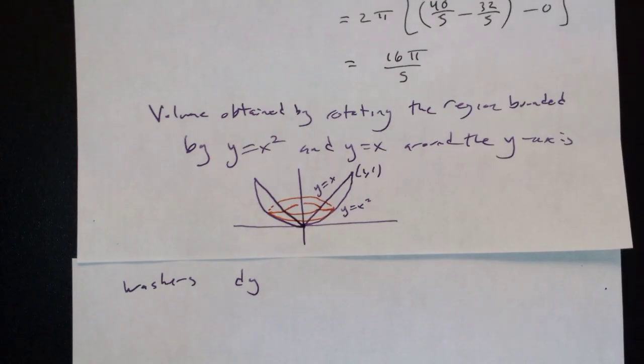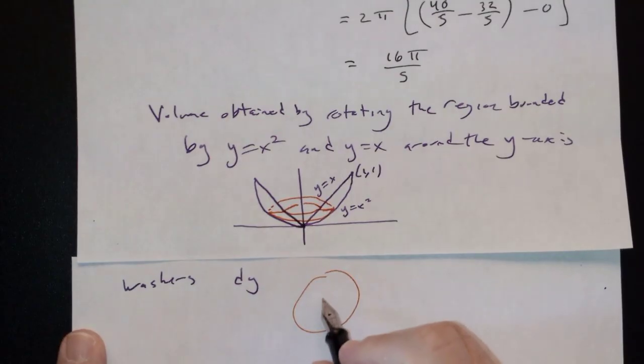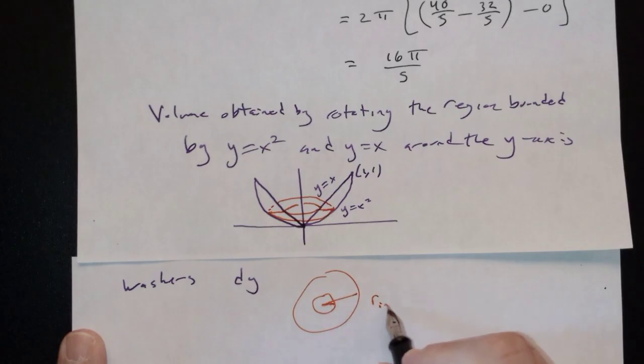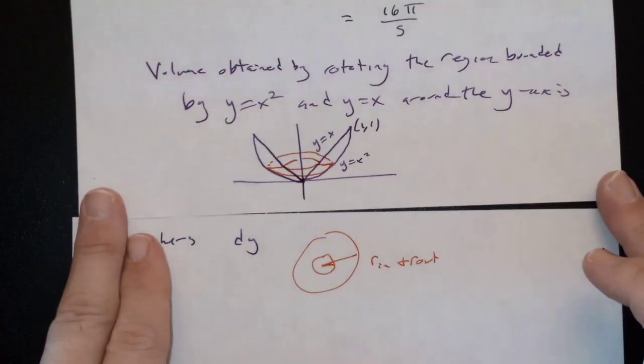And then I've got an inner radius and an outer radius. What's the equation for the outer radius?